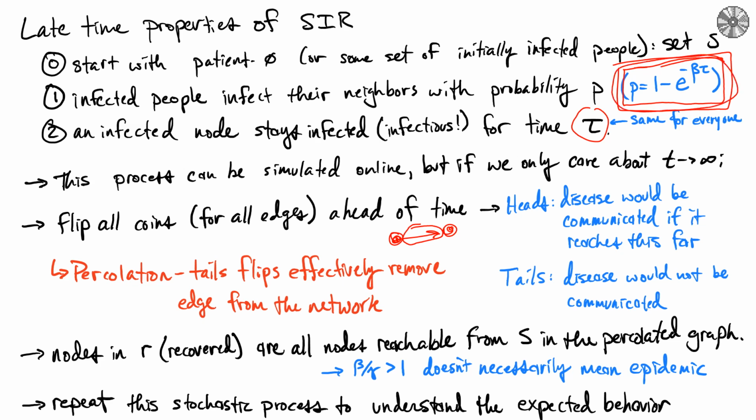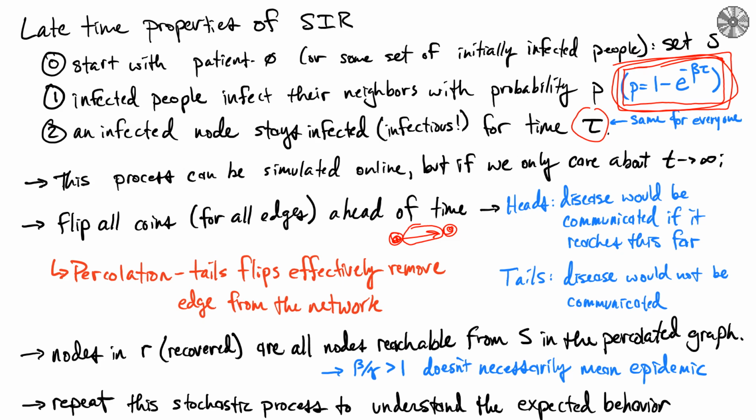And so one of the ways we can simulate this, if we're not interested in the whole time and we're just interested in computing, from an initial condition, the final steady state values of x, s, and r, is that we can flip coins that represent these edges.